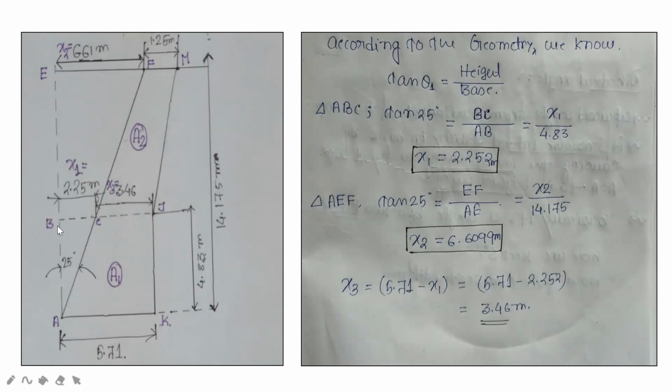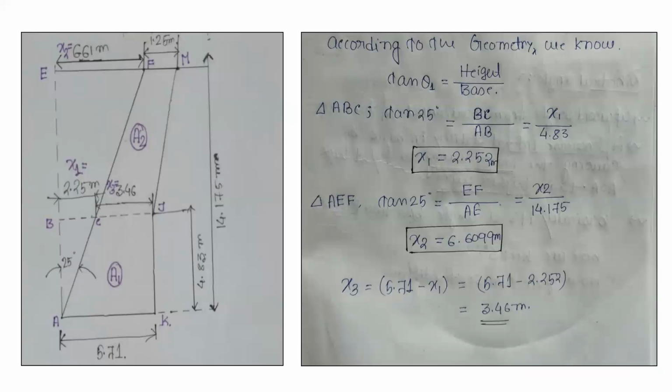The dimension of AB will be the same as JK, as AB is parallel to JK and both are perpendicular to AK. So AB is 4.83 meters, and putting the values of AB and tan 25, we get BC, that is x1, as 2.252 meters.